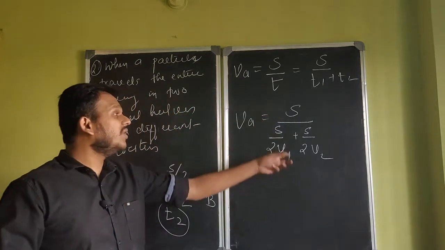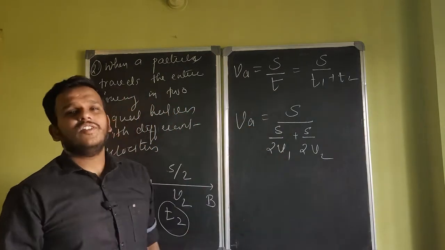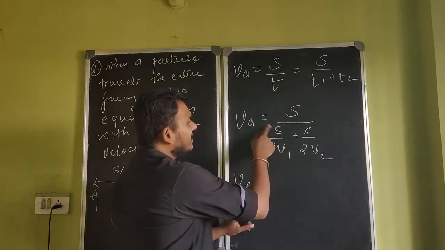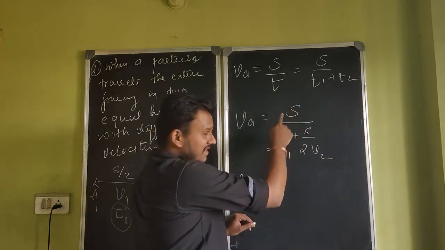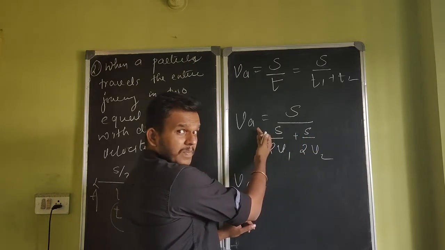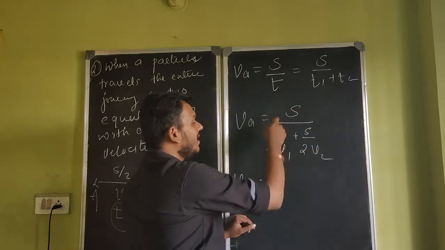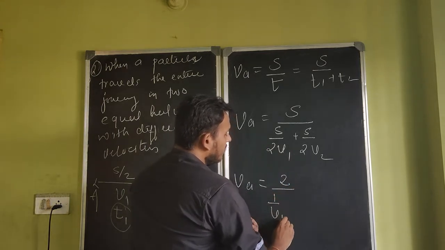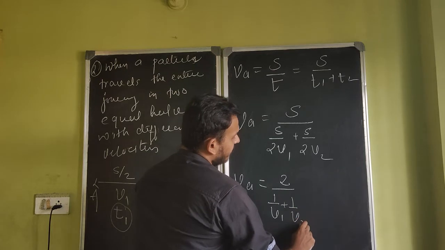So all you have to do now is simplify this to get the average velocity. So let's say average velocity now is, I think I can take this s common, which will cancel with that s. So s's are gone. I can also take 1 by 2 common, and then 1 by 2 will go to numerator. So that will give me 2 divided by 1 by v1 plus 1 by v2.